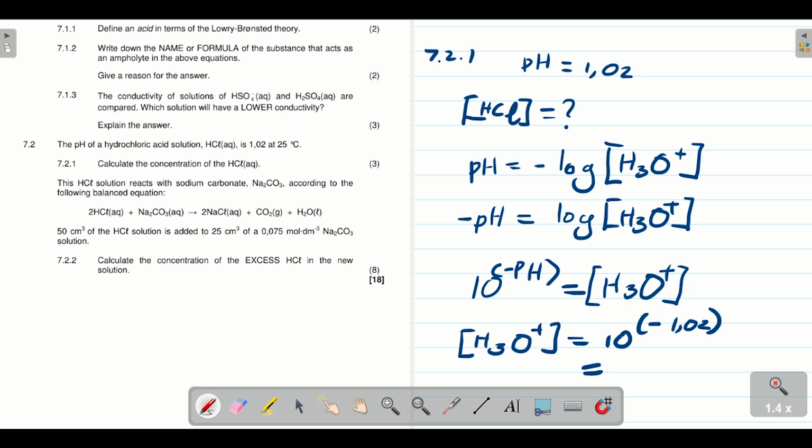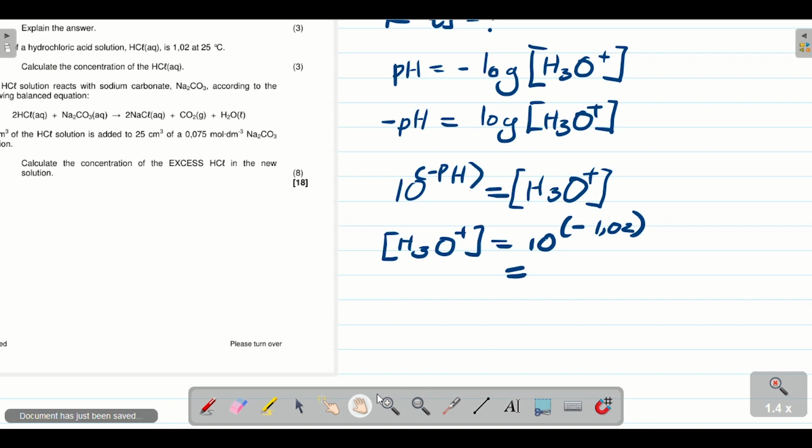If we punch that into our calculator, we'll get 0,0955. That's the concentration of hydronium.